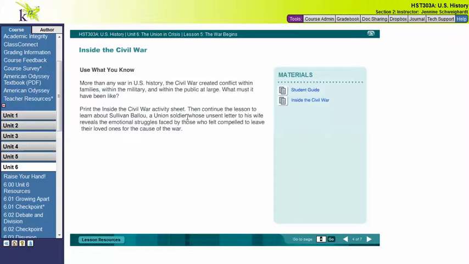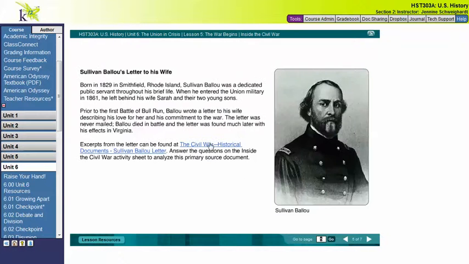When you get to the fourth slide here, it will talk to you about this particular activity sheet inside the Civil War. You can print off this activity sheet, and it will give you a series of questions about Sullivan Ballou. This was a Union soldier who left a letter to his wife before he died in the Civil War. He never got to mail it. So when you check out this website here, you'll find information about Sullivan Ballou and his letter to his wife.